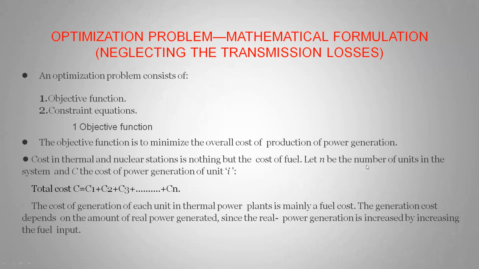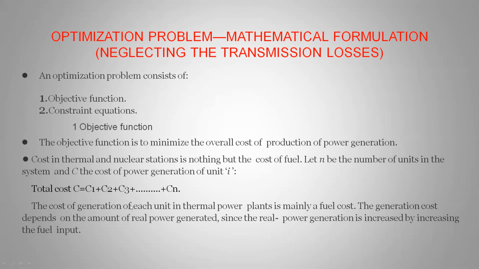Let n be the number of units in the system, and Ci the cost of power generation of unit i. So the total cost C in the power generation is C1 plus C2 plus C3 and so on up to Cn. However many power generation units we run, the total is the sum of all their costs.